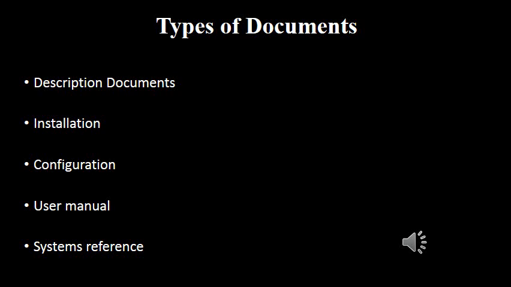Suppose we purchase a product, we go through the description on the catalog. From this description, it is clear what the use and details regarding the product are. That's called a description document.